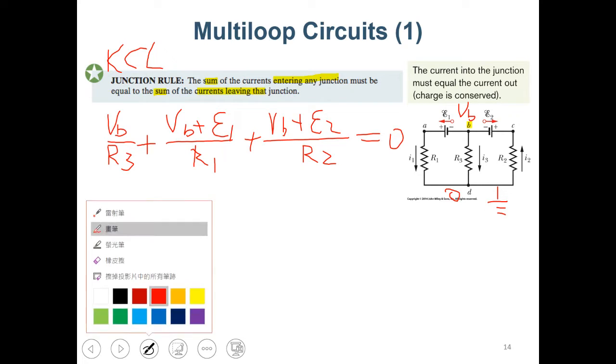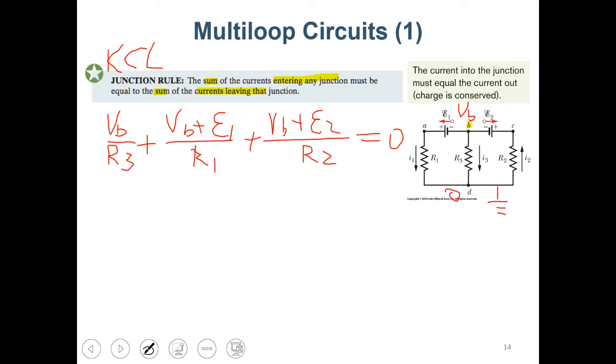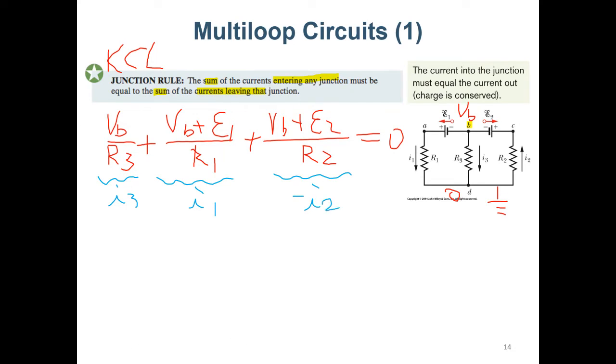If I want to match this to the figure, actually this one is I3, this one is I1, but this one is actually minus I2.